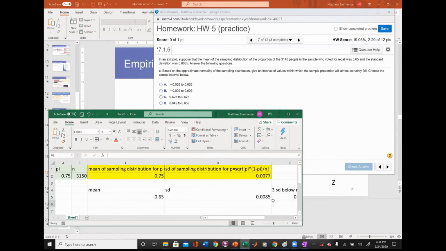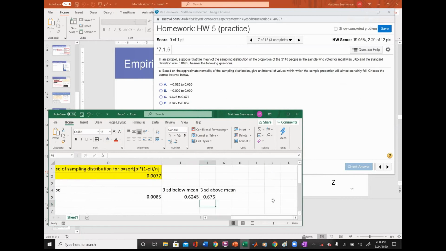Everybody getting that to work out? So we haven't talked about Excel. I'm showing you how to do basic arithmetic operations in Excel using cell contents. And if I look really carefully, I have to round it off, looks like to 3 decimal places. So that's 0.625, and that's 0.676.